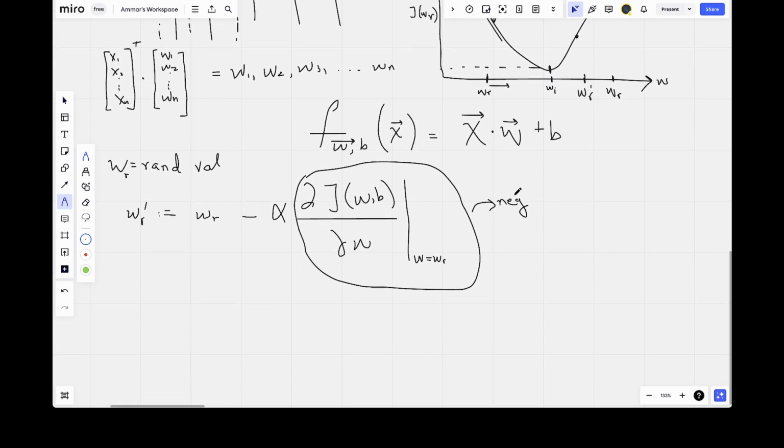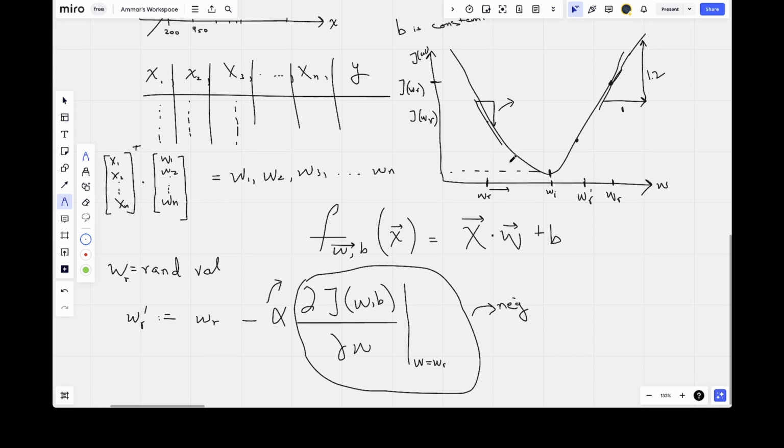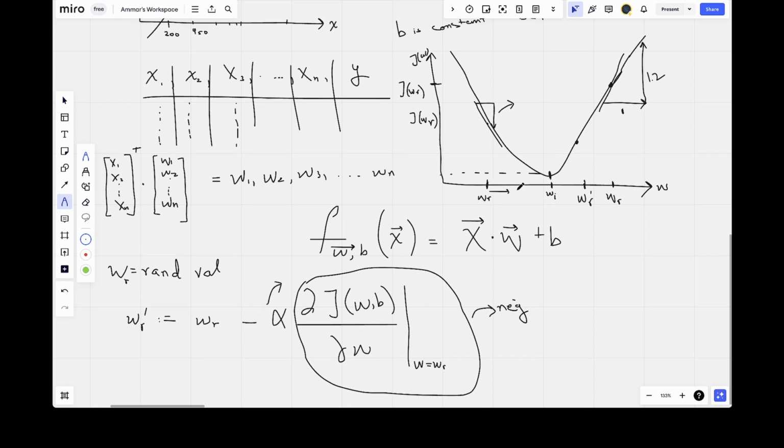Since this whole thing is a negative number, and alpha is always a positive number, a negative number times alpha would be negative, but you also have this negative sign. So this comes out to be a positive number, and you're adding that positive number to W. So you're increasing the value of W, which is exactly what we want to reach the global minima.